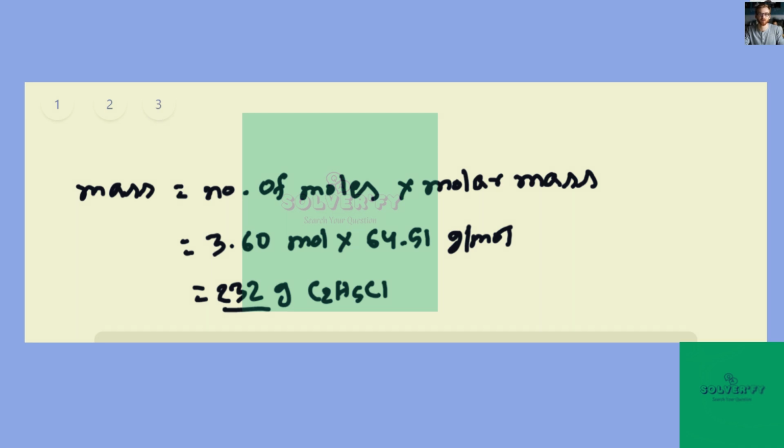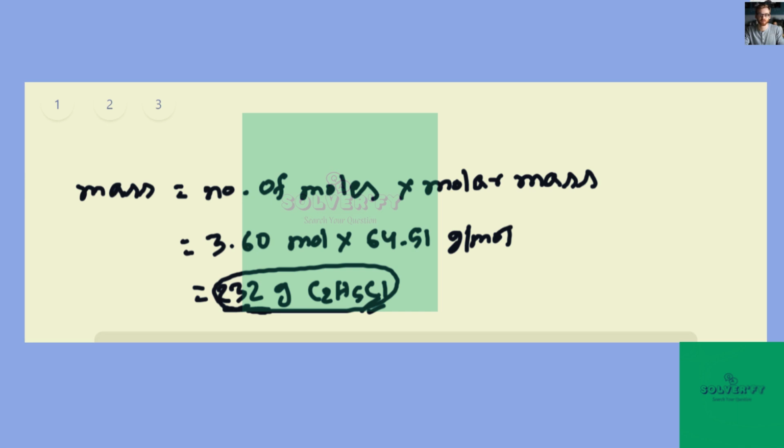Now in part B, we have to find out the percent yield of C2H5Cl produced, and that is simply the actual yield over the theoretical yield, which is this one we just found. Our actual yield is given as 206 gram. 206 gram is being produced in this actual reaction.